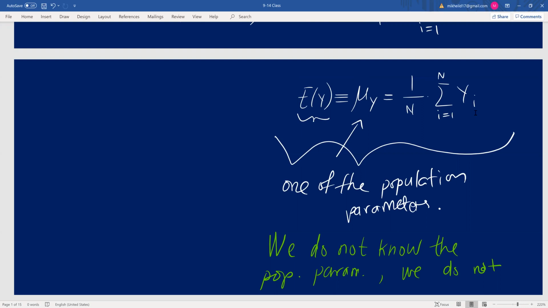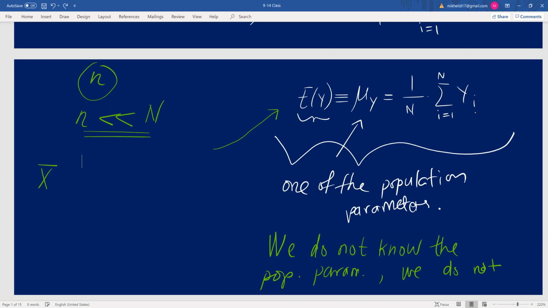So what can you do then? You take a sample, and n is usually much less than capital N. You don't know mu of y, you will never know mu of y, but you can calculate Y bar.